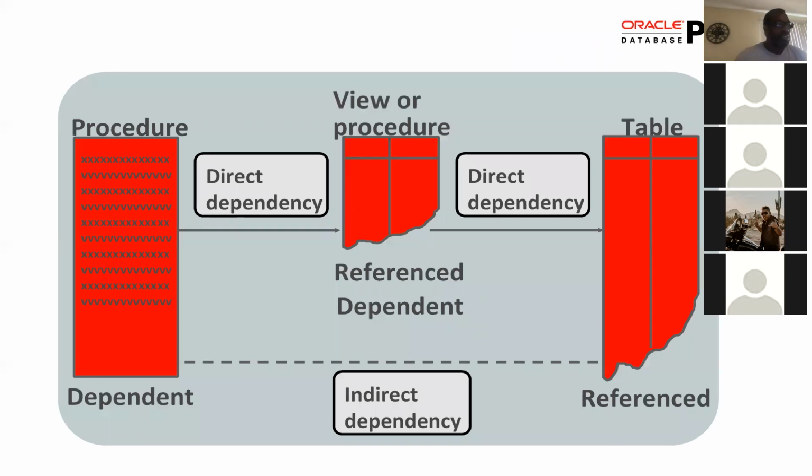The graphic in the lecture seems pretty complex, but it's basically just illustrating the direct dependencies. You have a direct dependency between a procedure and a view and a table. It's named correctly.